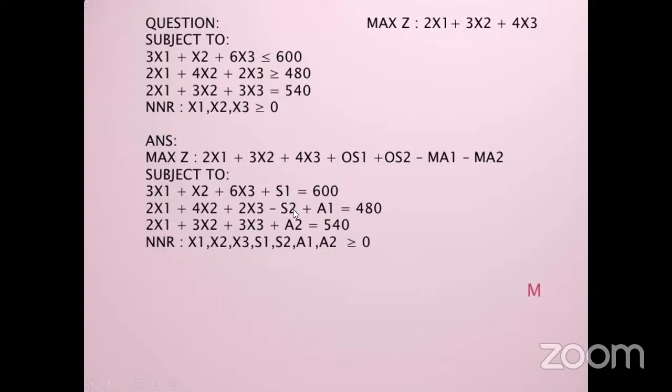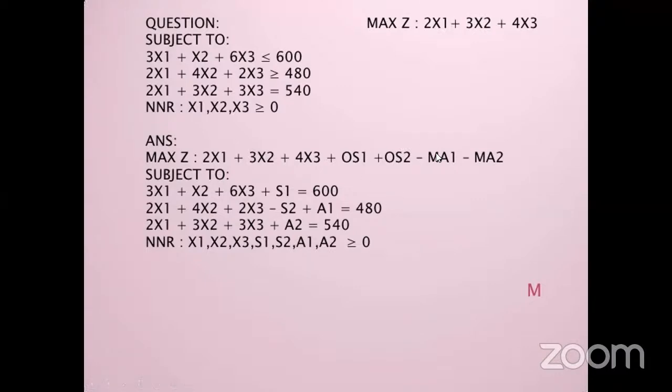Now these S1, S2, A1, A2, we need to add to the objective function: maximize z equals 2x1 plus 3x2 plus 4x3 plus 0S1 plus 0S2 minus MA1 minus MA2. Minus M is the coefficient for the artificial variable, and 0 is the coefficient for the slack and surplus variables.